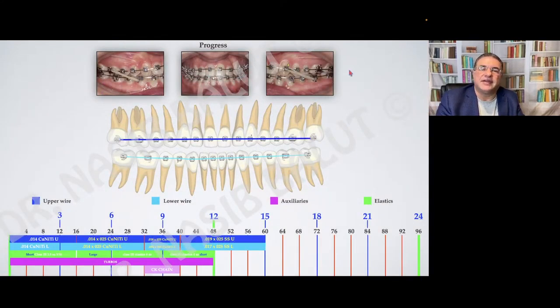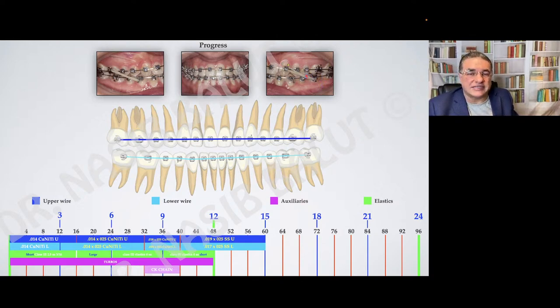Once we have good bracket positioning, we move to an 18 by 25 stainless steel arch wire in the upper arch and a 17 by 25 stainless steel arch wire in the lower. We have the midline a little bit off, so that's why I use asymmetrical intermaxillary elastics.